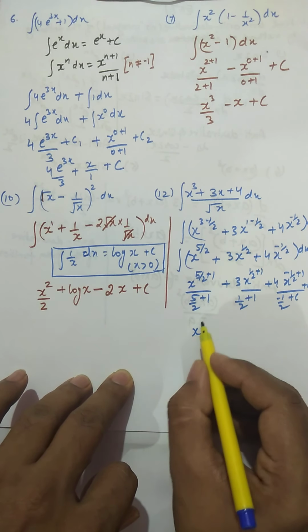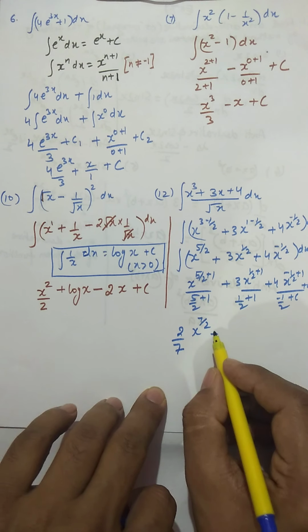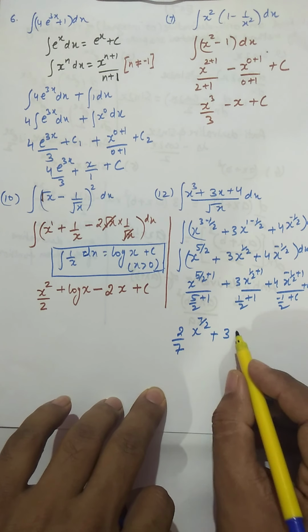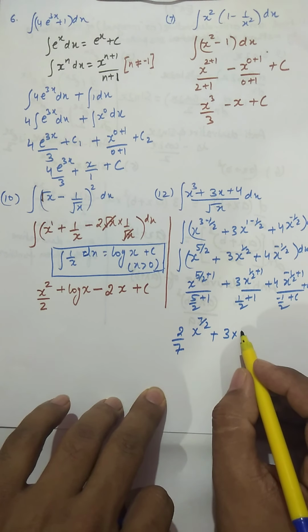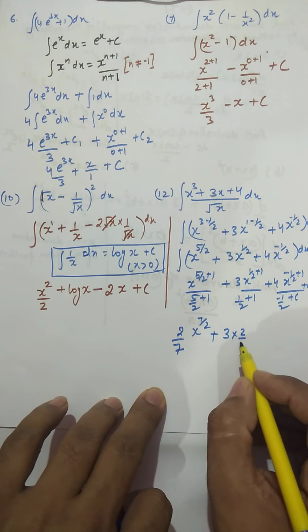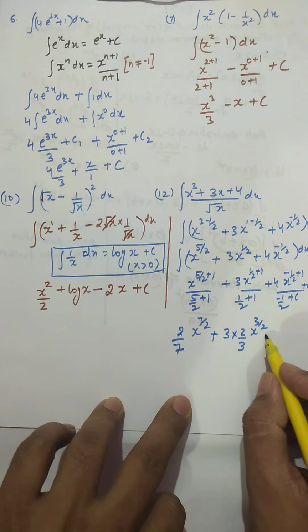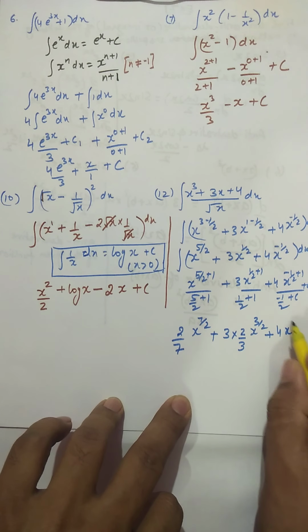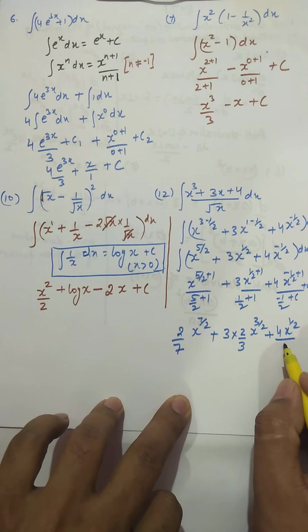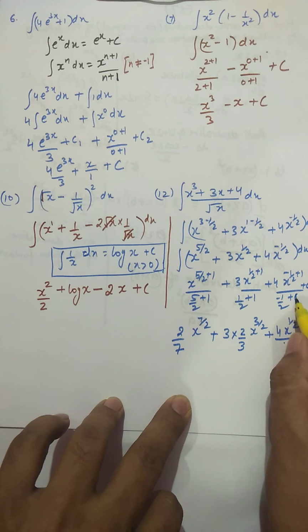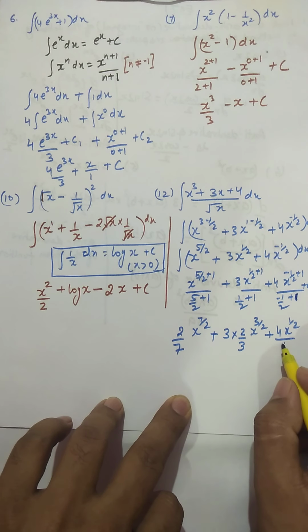This is x^(7/2) and this will be 7/2, so 2/7 you can write like this. Now this 3 and this is going to be 3/2, so you can write this as 2/3 and this is x^(3/2), and this one will be 4x^(1/2). Here also it is going to be 1/2, so this is again 1/2, plus c.